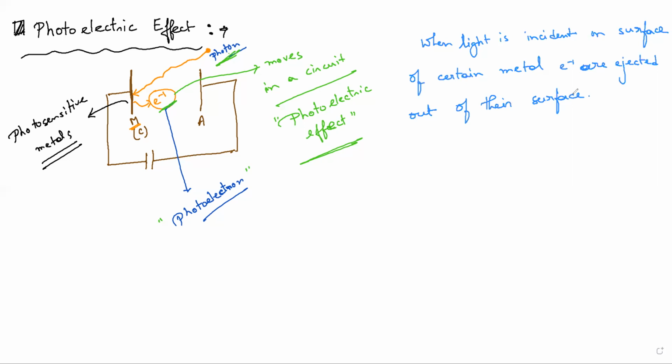When this electron moves in a circuit, current starts flowing in the circuit.